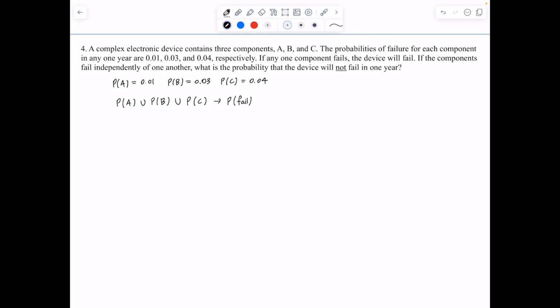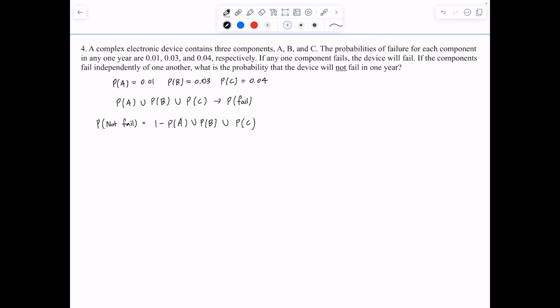For this one, I'm talking about the whole device. So that means the probability that it will not fail is just 1 minus the probability of A union probability of B union probability of C.